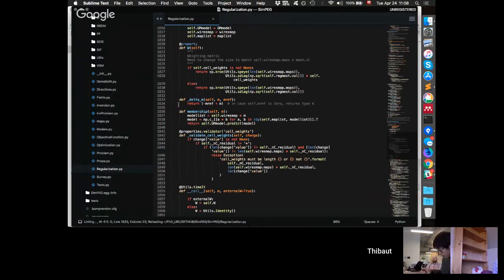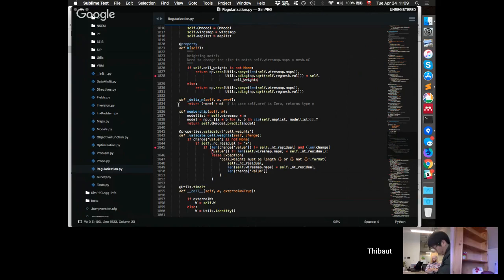Even now, with my implementation, I had to rewrite something because I was breaking some assumption of the combo objective. For example, my smallness now takes all the physical properties, but each smoothness takes one physical property at a time. They don't have the same mapping, but it was assumed that everything in the regularization has the same mapping all the time.